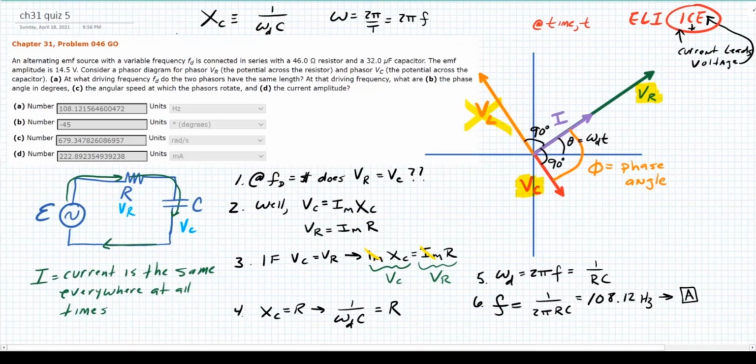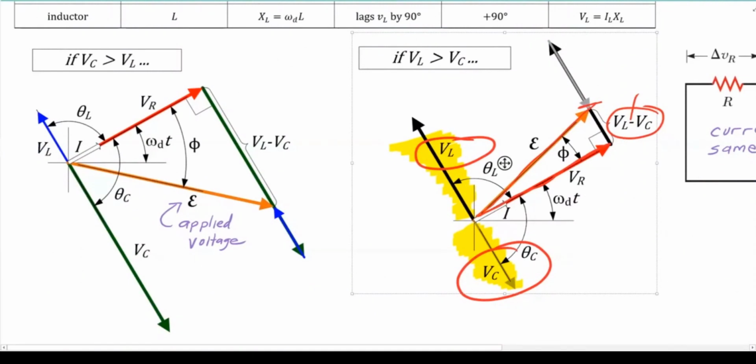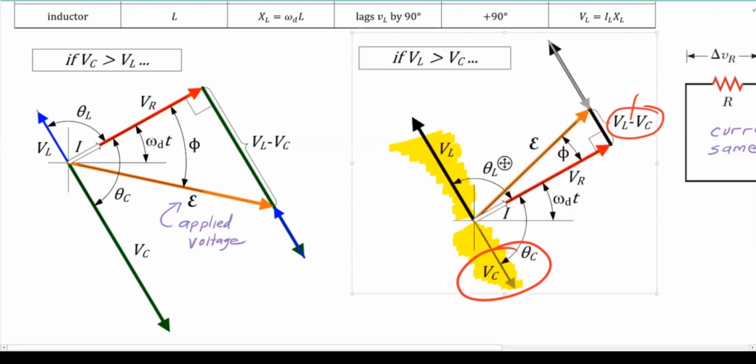And if I go here to this summary diagram, there you see it right here. The phase angle is always defined as the angle between your generator EMF and your generator current. All right, so right here, this is angle phi. Here's an example of angle phi.